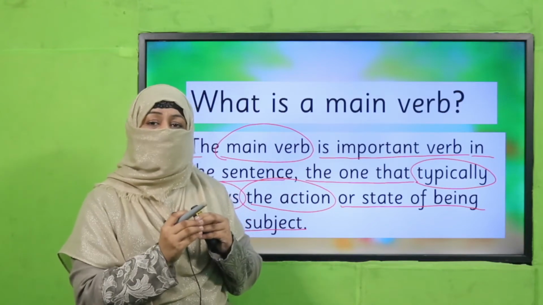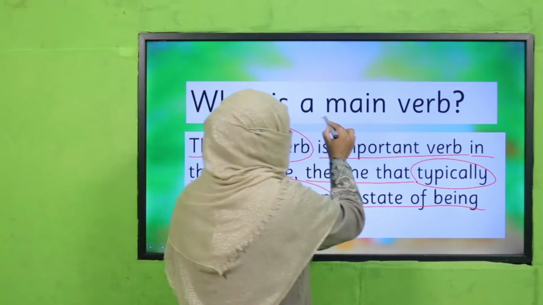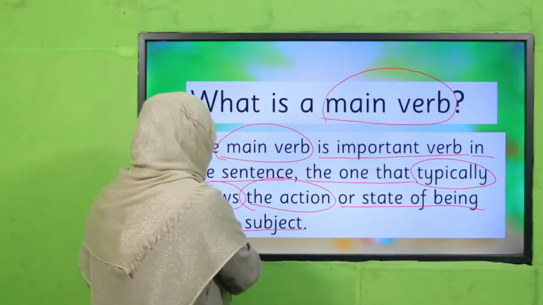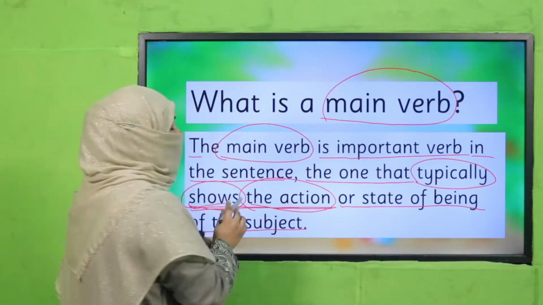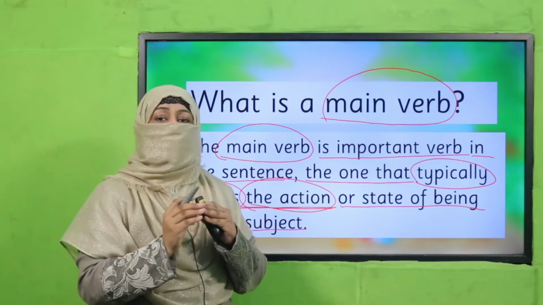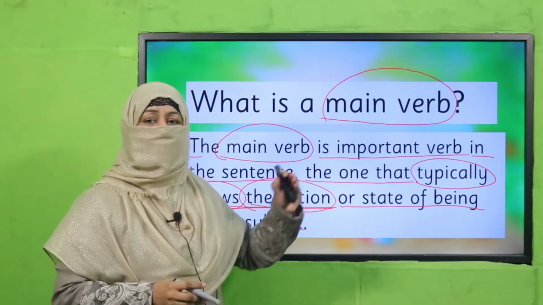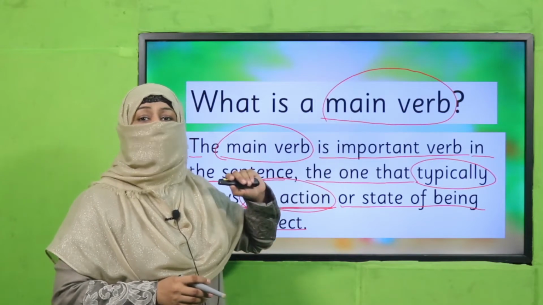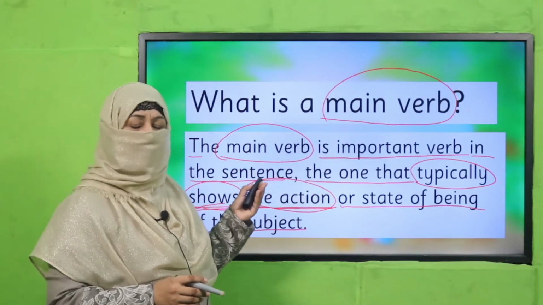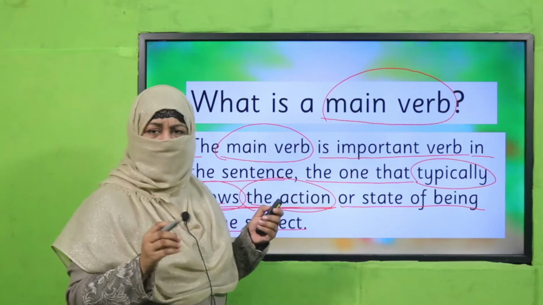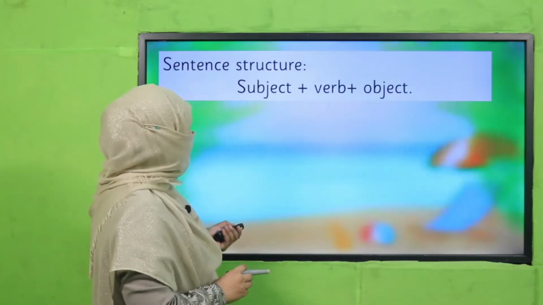So which verb will be the main verb? The main verb is the one which shows the action, what is being done. If there is any other verb other than the main verb, that is called a helping verb. And how do we use it? A little we have discussed before, so today we discuss further.